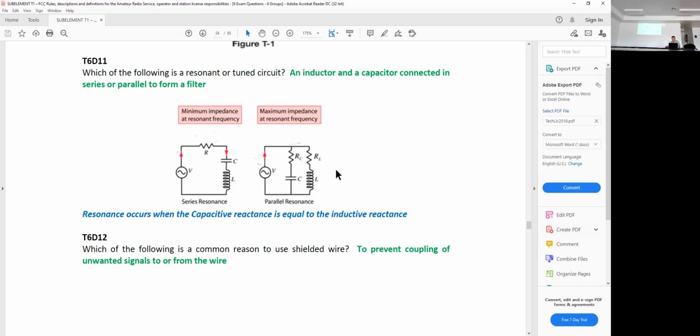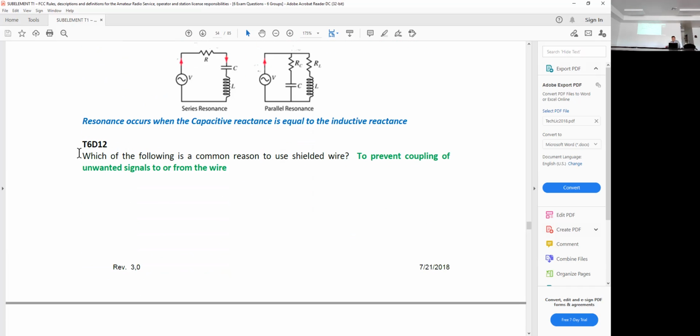Which of the following is a common reason to use shielded wire? And that's to prevent coupling of unwanted signals to or from the wire. Remember how we talked about how an inductor is made? It's just a whole bunch of wire, and you magnetically induce signals onto it.